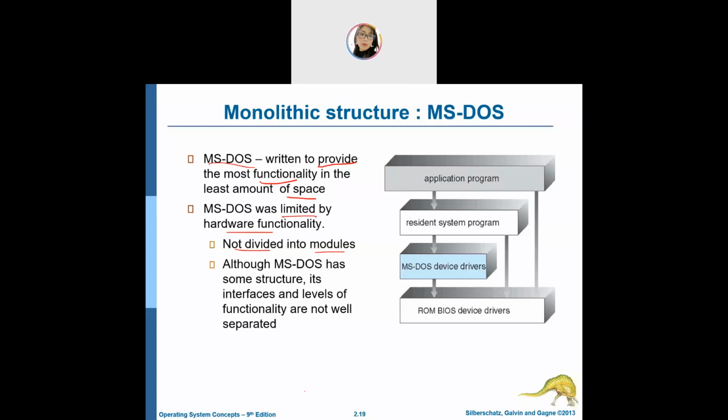Having a hierarchy like this is very important for you to know. First is the application program, then the resident system program, then the MS-DOS driver, and it goes directly to your ROM. So remember about your ROM on your memory.